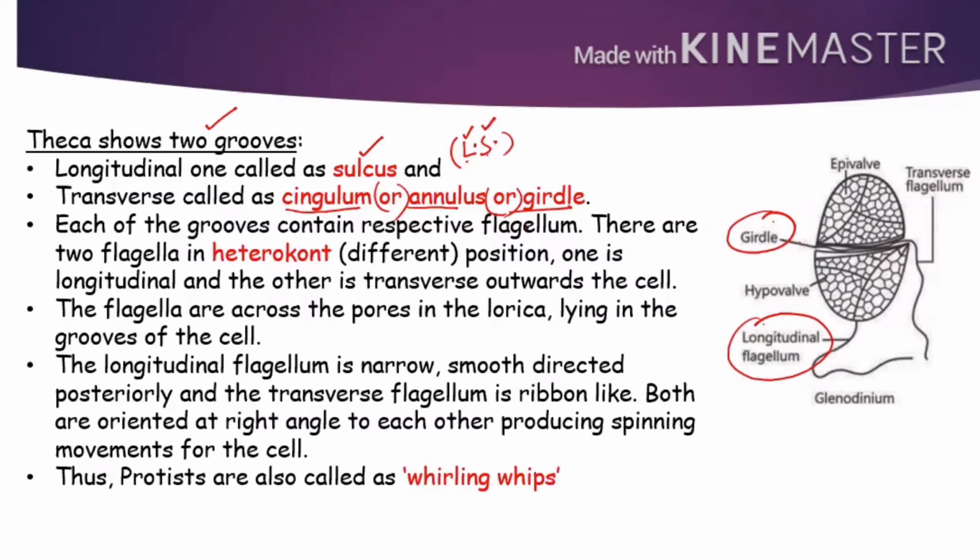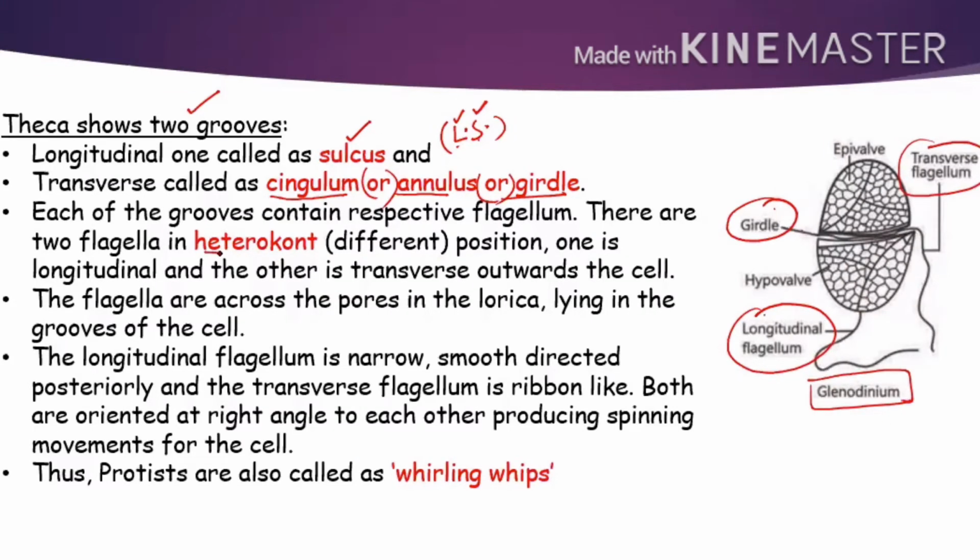Now each groove will have a flagellum, and the two flagella are heterocont because one is present in the transverse groove, known as the transverse flagellum, and another is present in the longitudinal groove, the longitudinal flagellum. So we say the flagella are heterocont. Because the two flagella beat independent of each other, they are also known as whirling whips. I hope up to here the concept is clear.